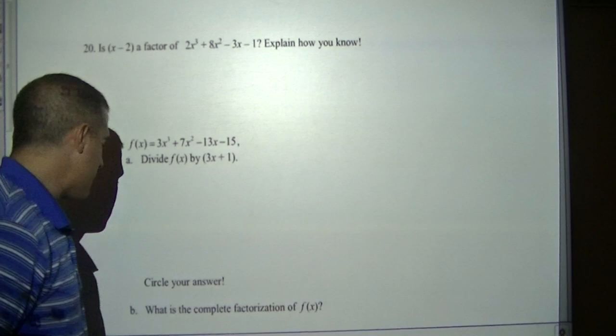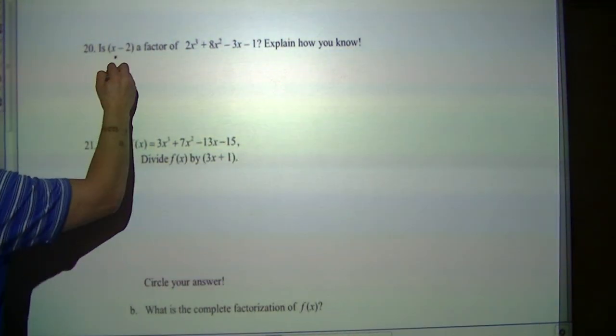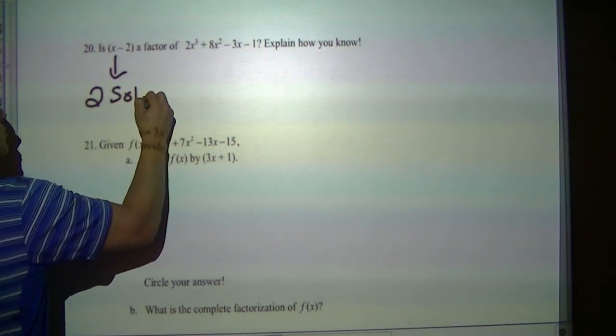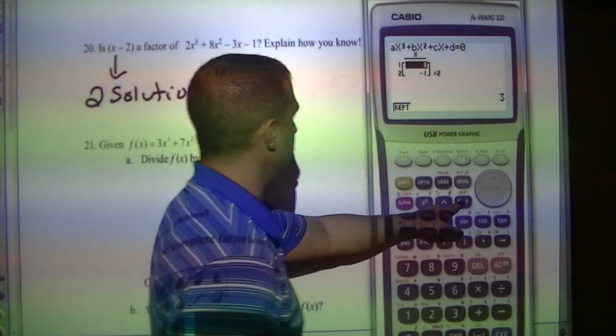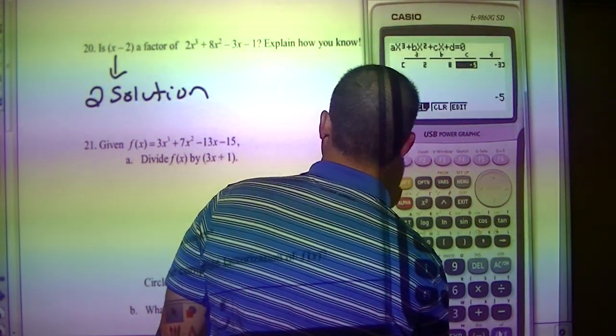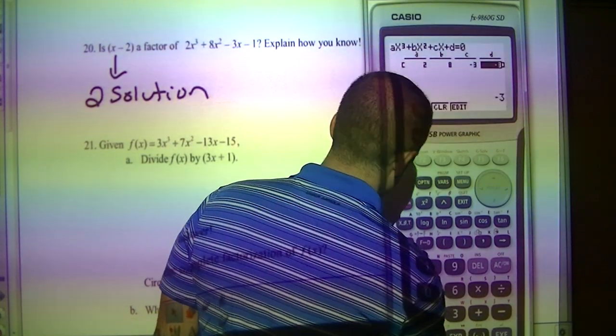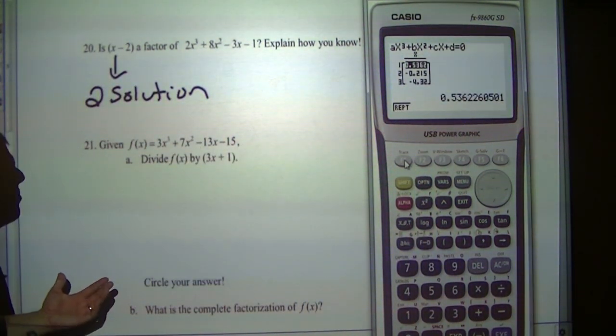Okay? Moving on. Okay? Is this a factor? A couple of ways you can know that. If this is a factor, then 2 would have to be a solution. Okay? And if 2 is not a solution, that doesn't work. So I'm going to type in 2, 8, negative 3, negative 1, solve, and 2 is not a solution.